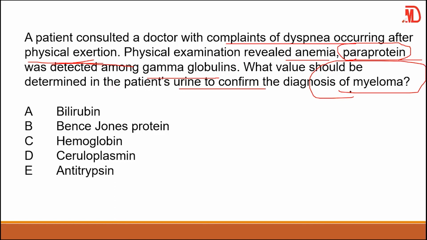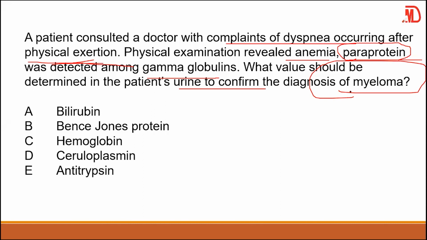Now, when we say paraprotein or myeloma or plasmacytoma, we are referring to proteins with abnormal immunoglobulins. Basically, that's it. And of course, to check for this, you use the Bence-Jones protein.